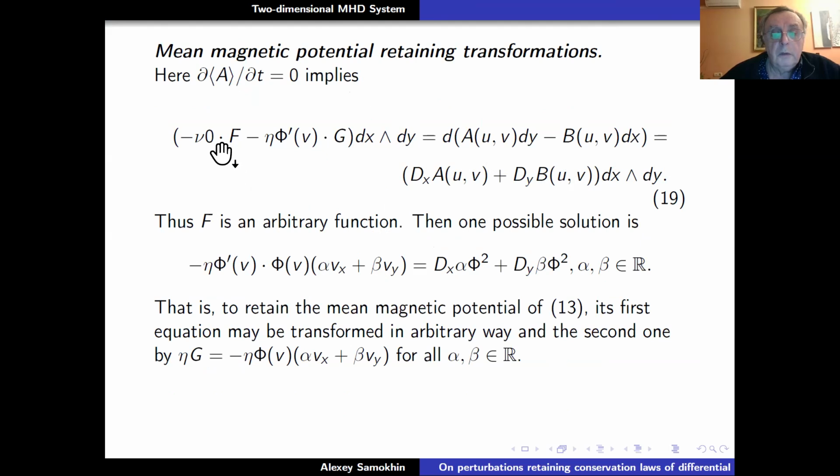Since f is multiplied by 0, it is an arbitrary function. And for 3, we have such an equation, and for instance, the solution of this equation is given here.